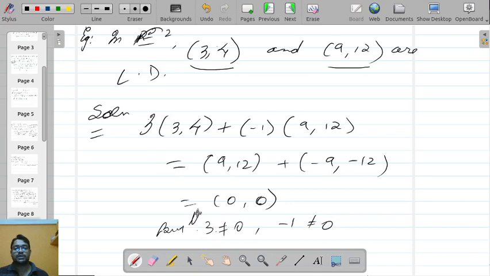So ultimately we have been able to find scalars lambda 1, lambda 2 such that lambda 1 into this plus lambda 2 into this is 0, even though lambda 1 and lambda 2 are themselves non-zero. So (3, 4) and (9, 12) are linearly dependent.